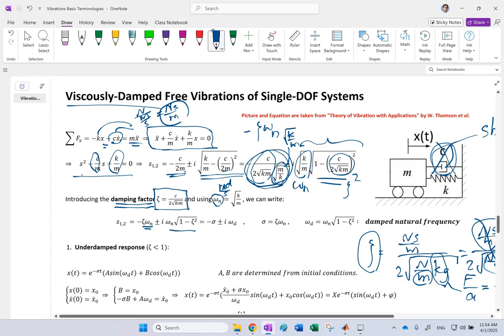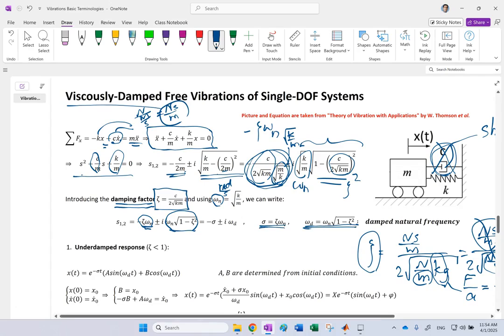So that's what you can write here. So the roots of your characteristic equation are negative zeta omega n for the real part plus minus i times omega n, 1 minus zeta squared under square root. And this real part and this imaginary part, we give them some names. The real part, we call it sigma, and the imaginary part, we call it omega d.